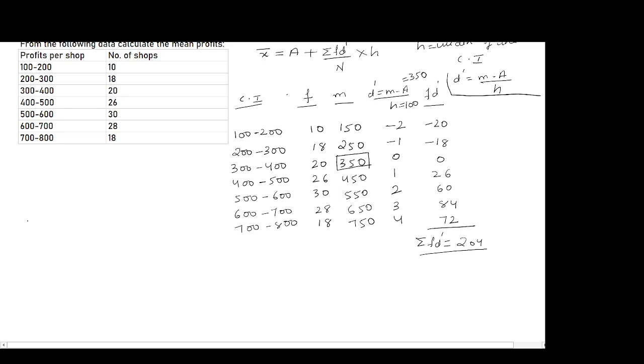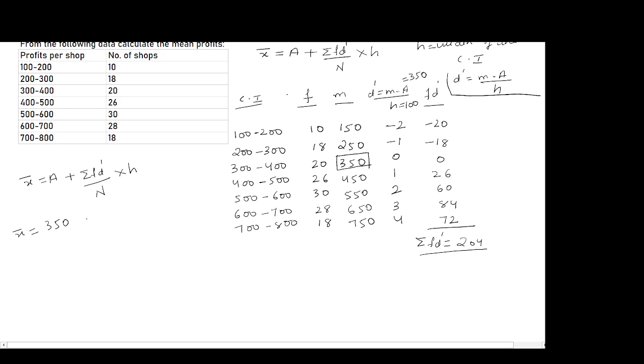So our formula is x bar is equal to capital A plus summation f into d dash divided by capital N into h. So x bar is equal to, A is assumed mean. We have taken assumed mean as 350.